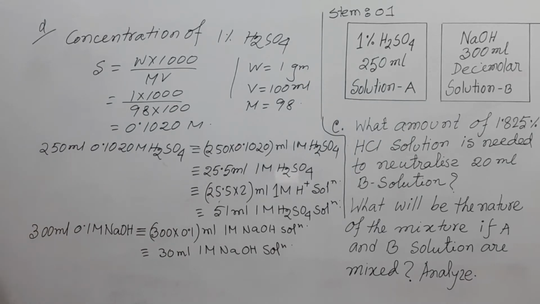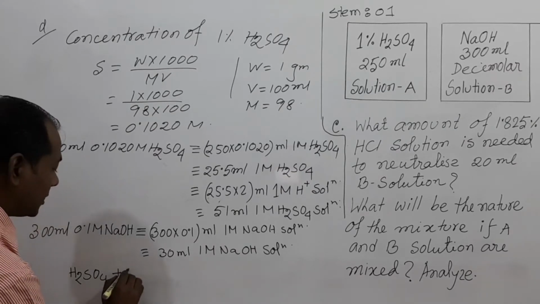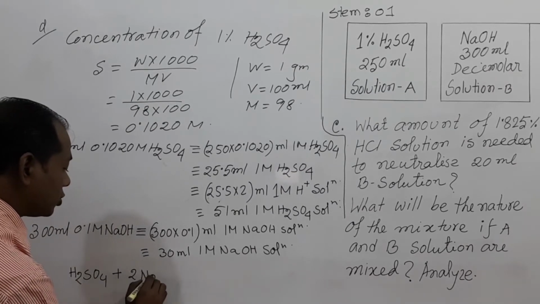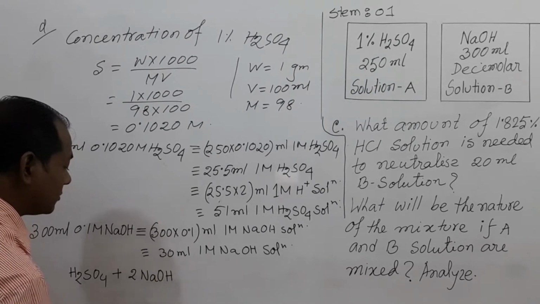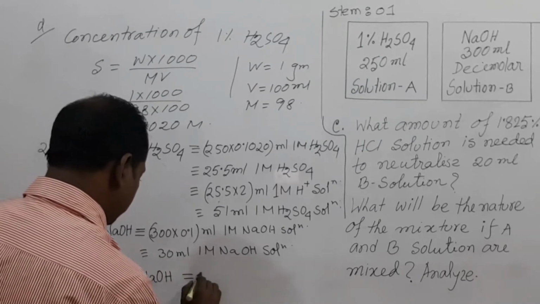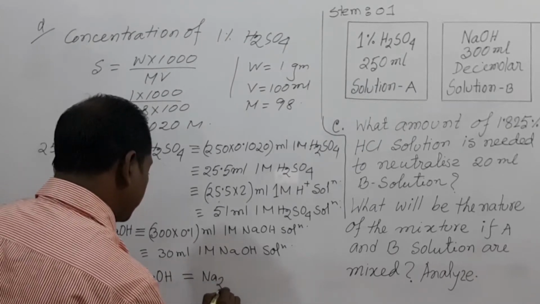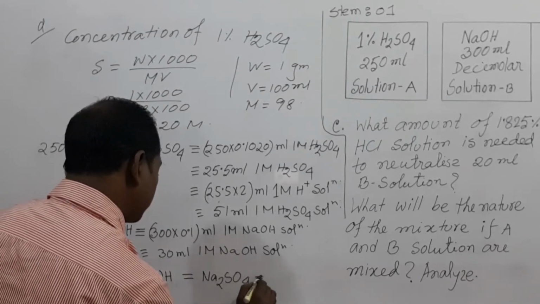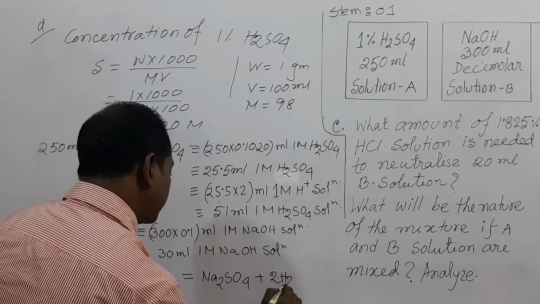So, my dear students, here the reaction occurs like this: H2SO4 plus 2 sodium hydroxide equal to Na2SO4 plus 2 H2O.